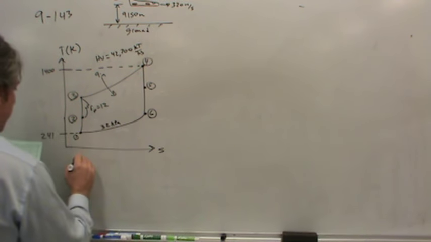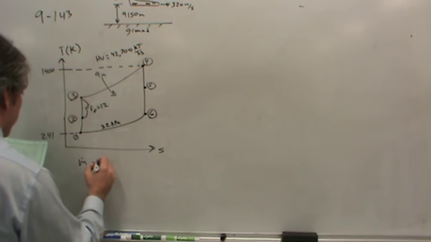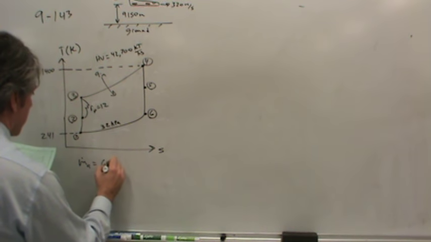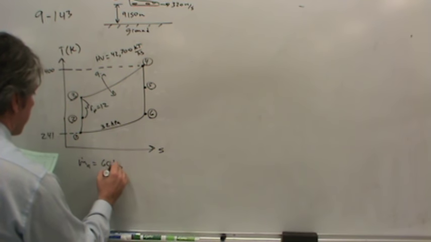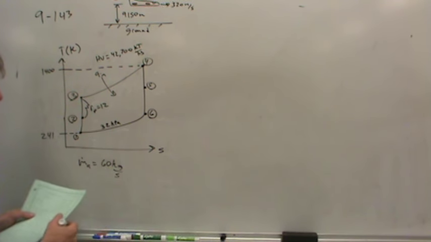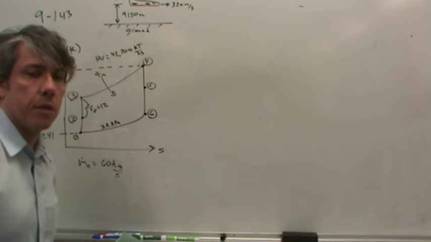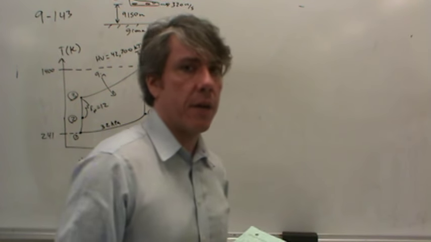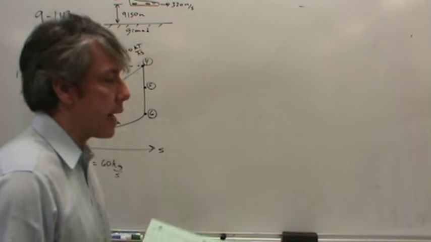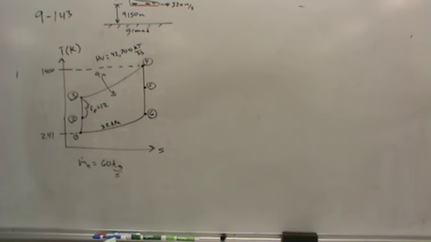And what else? Well, they told us the mass flow rate of the air, and that was 60 kilograms per second, which is a pretty decent flow rate. I mean, air is not very dense, especially at this altitude. To have a person's mass of air every second, essentially, or a light person's mass of air flowing through this engine is pretty impressive.